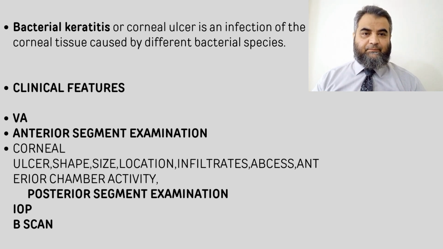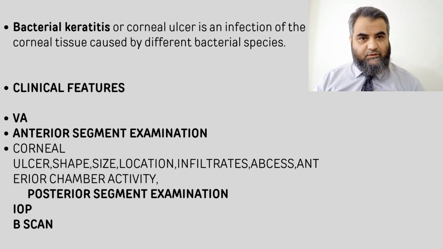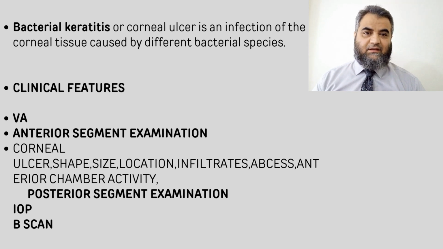We see the ulcer, its location, size, shape, and depth. Along with that, associated stromal infiltrates or corneal abscess, and anterior chamber activity. Is there any hypopyon, pus in the anterior chamber?